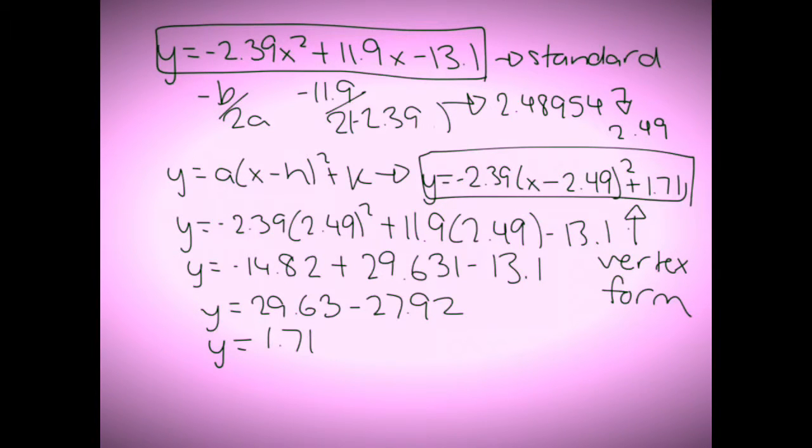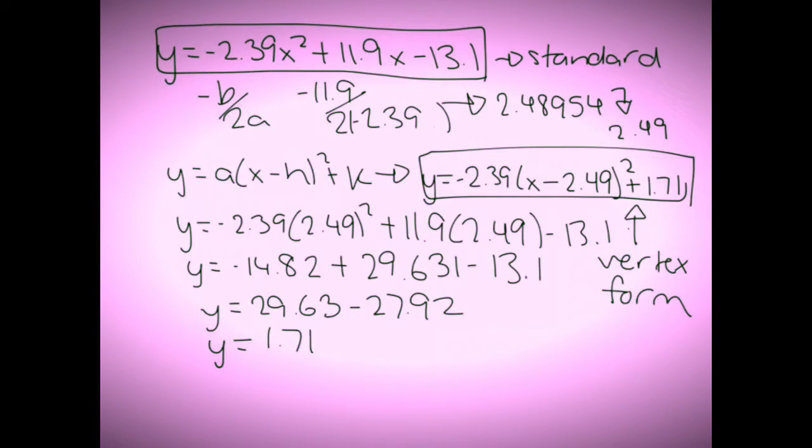To put the standard form into vertex form, which is y equals a(x minus h) squared plus k, you must first find the vertex, which is h, k, in an ordered pair.